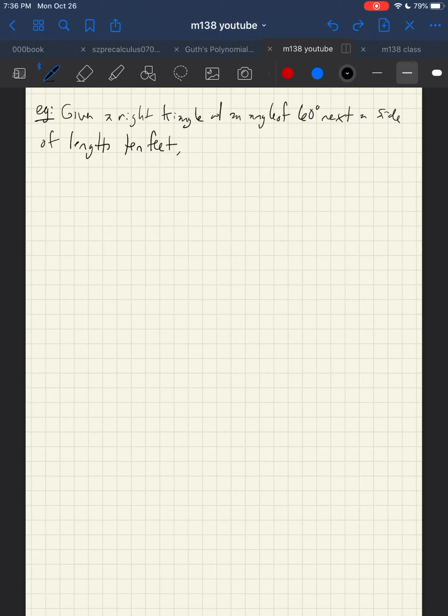What is the length of the opposite side?